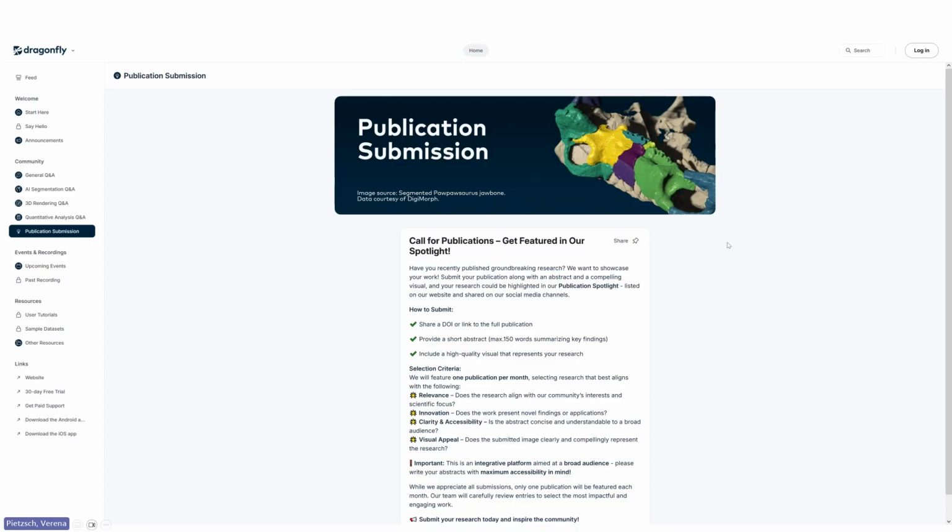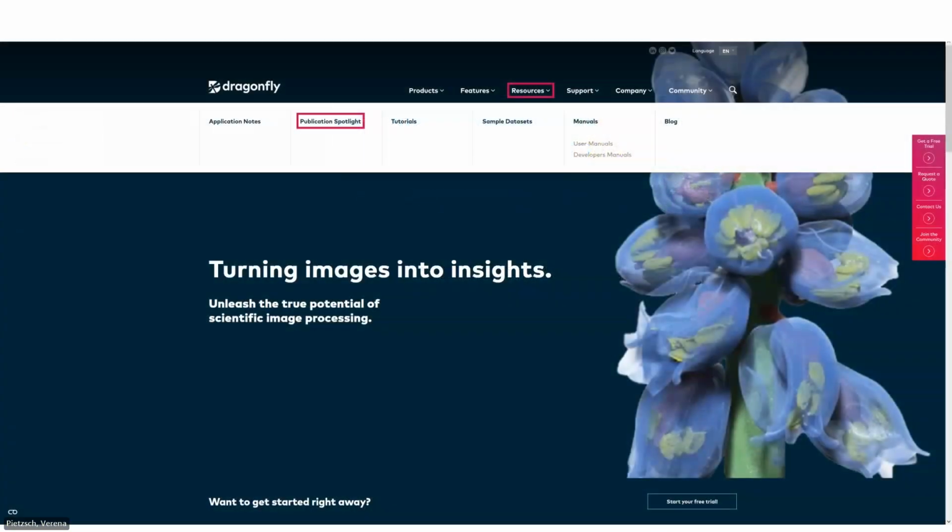We have a fixed posting here that describes the process of submitting your research to share it with the community. Out of all those shared publications, we would then choose ones that are highlighted on our website, and these contents are also shared in our newsletter and on social media, to highlight you, promote you as an author and scientist, and promote your research.